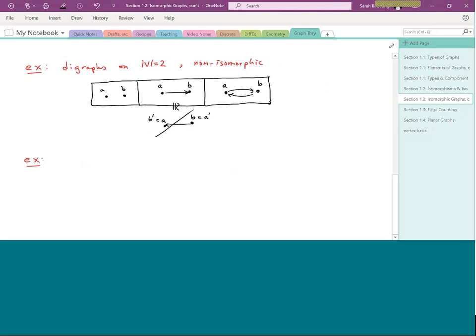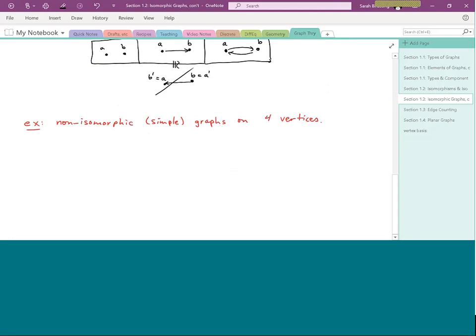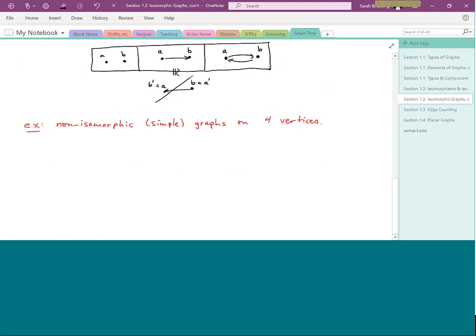So, question: we're going to list out the non-isomorphic (simple) graphs with 4 vertices. So we're going back to simple graphs. And I put simple in parentheses just like before because, again, that is typically not a word that's used. Typically, they're just called graphs. Now, in this case, I'm going to go ahead and organize these.